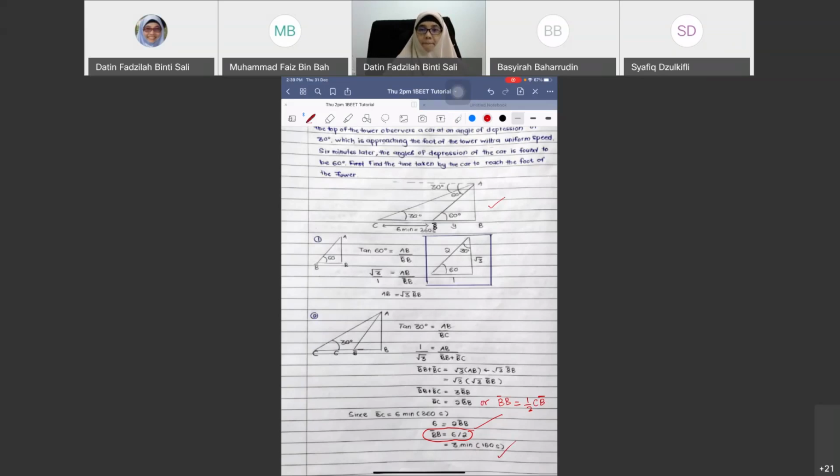Any question? So you find the relationship first, this one, and then you get another relationship similar to this, and then you replace, get the relationship between this, and then you just multiply by 6 minutes.